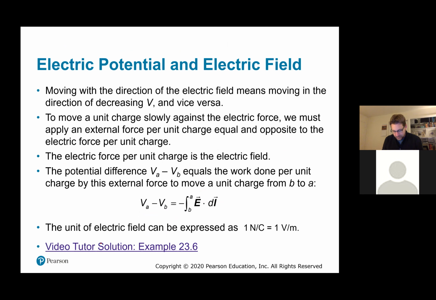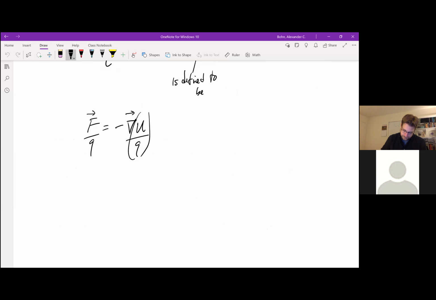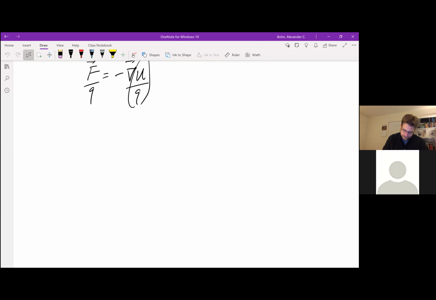Or wait a minute. Where did this equation come from? Same place it always does. The change of potential energy is the negative of the work done by the conservative force.